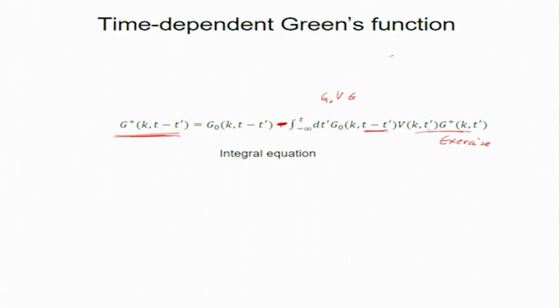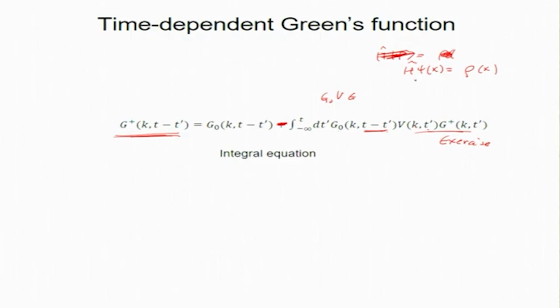So, given the Green's function, how do I find the solution? If you have something like an operator equation H psi equals a source, let me write it not in operators, but H of psi of x is rho of x. H is a linear operator, and I know the Green's function.